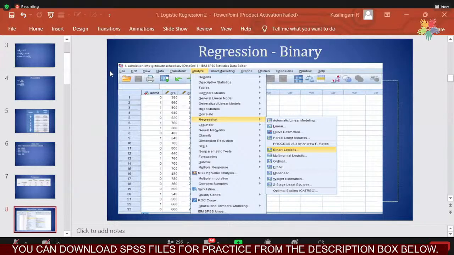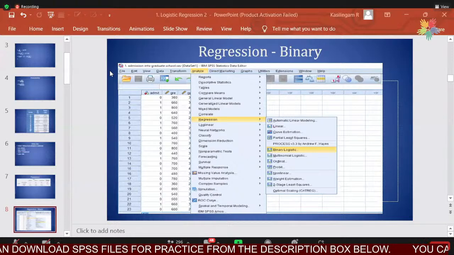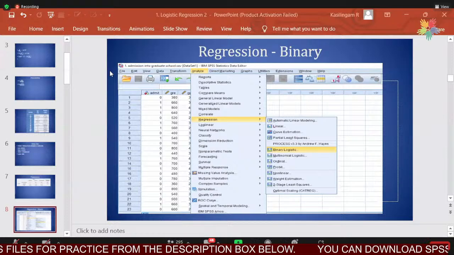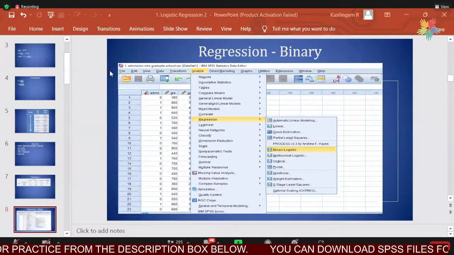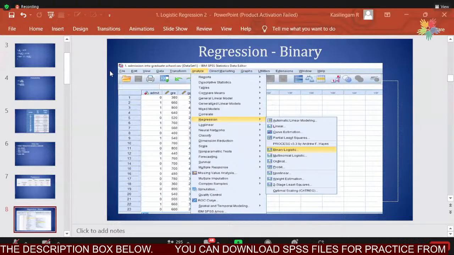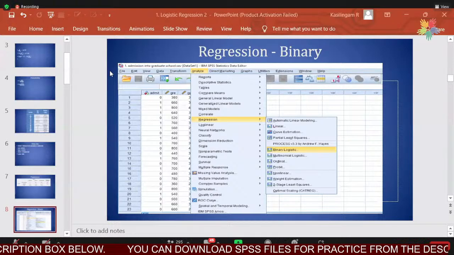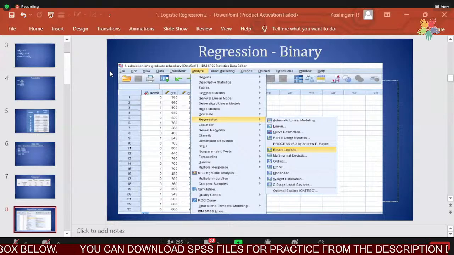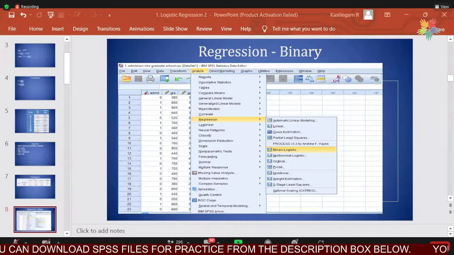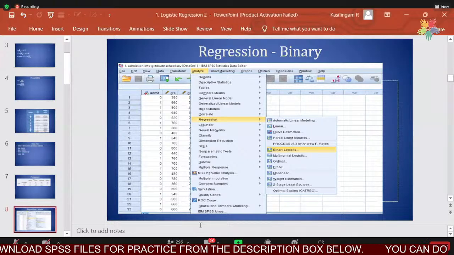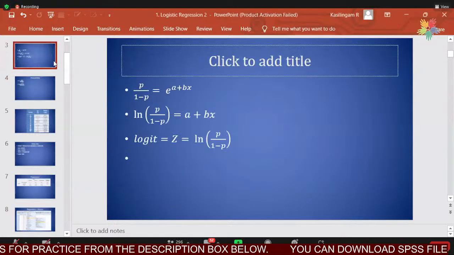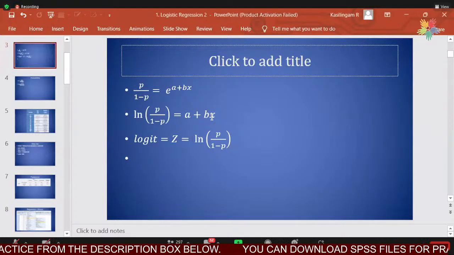Sir, my question is based on the logit model. Logit means, sir, beta value, logit beta value. No, sir. There, the dependent variable is logit, sir. My beta is beta only. See here, sir. If you look here, this is beta.